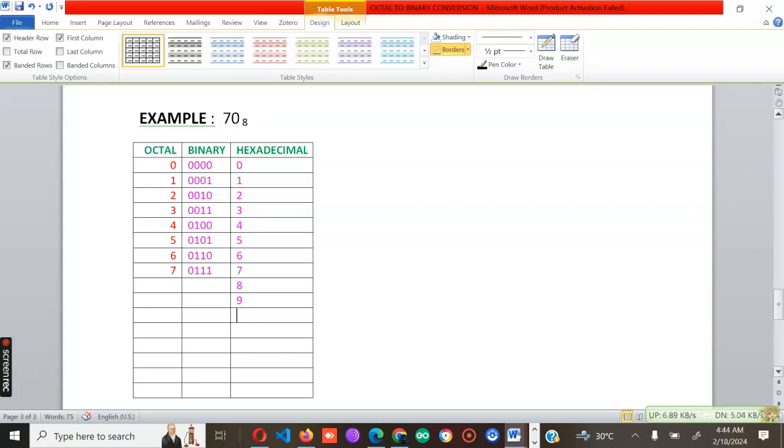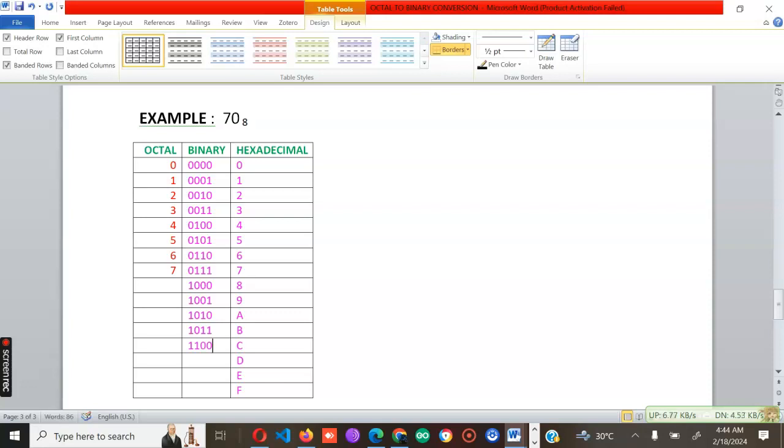We have A, B, C, D, E, F. Well, the 8 is equivalent to 1000, 9 is 1001. Then for the A, 1010, because the number is of course 10. Then we have 1011. That is 11.